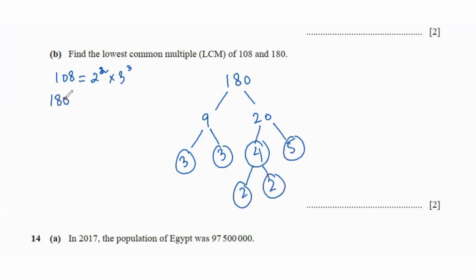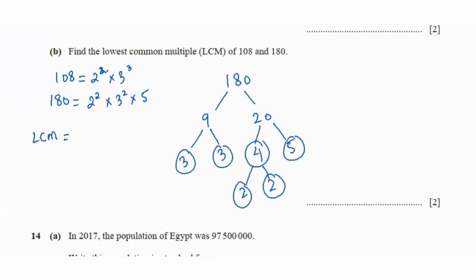So 180 can be rewritten as 2 squared times 3 squared times 5. For the LCM, what we will do is multiply the higher values occurring in the factors for both the numbers. So for 2, it's 2 squared. For 3, it's 3 cubed. And 5 comes as it is. When you multiply this, that's going to be 4 times 27 times 5. That is 540. That is your LCM.